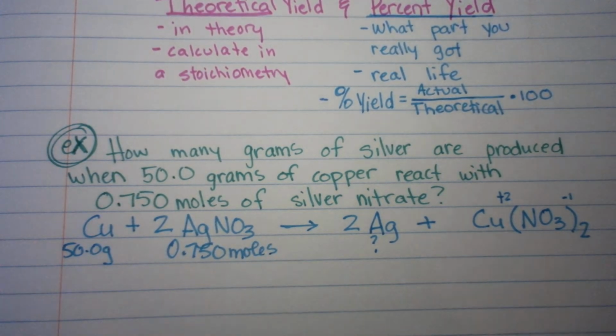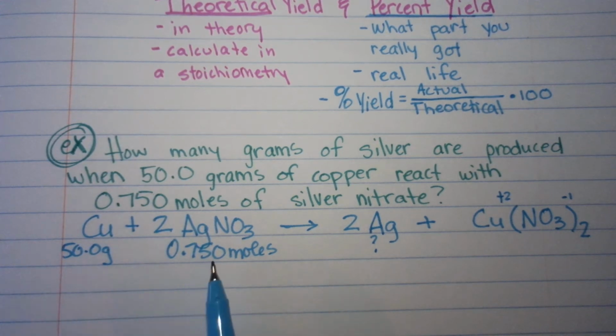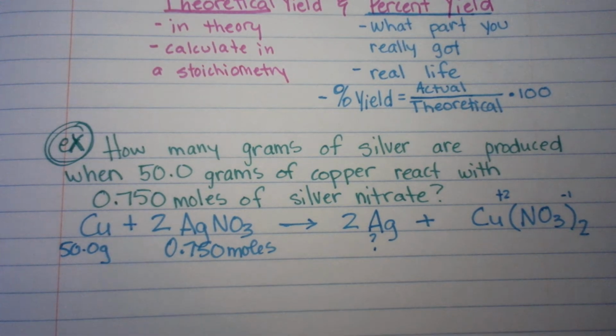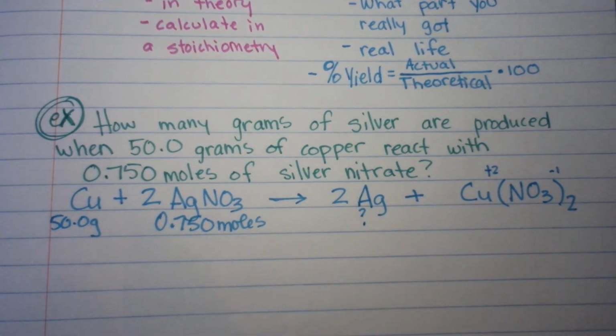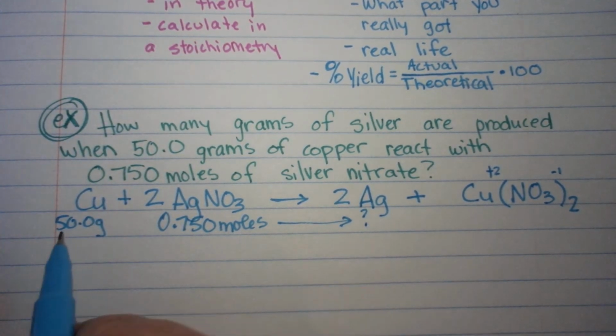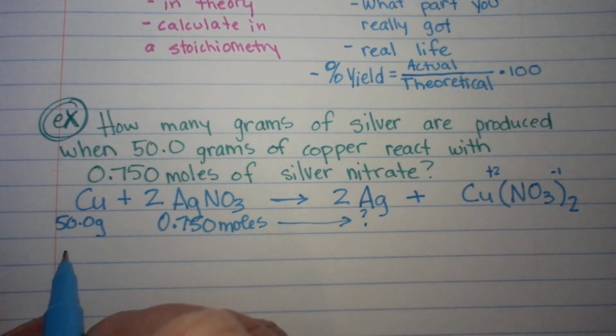Wait a minute. What? We're given 2 reactants here. So in this problem, when we're given 2 reactants, we're going to have to figure out what's the limiting reactant and find out how much silver could we come up with. So we're going to have to do a little bit longer of a problem here. We're going to start with copper since it's the first one we have.